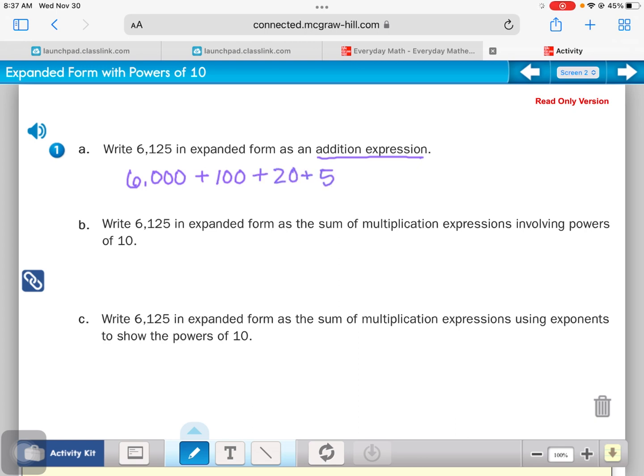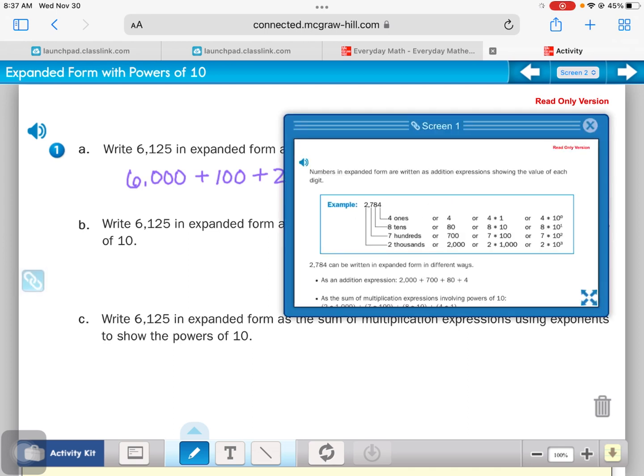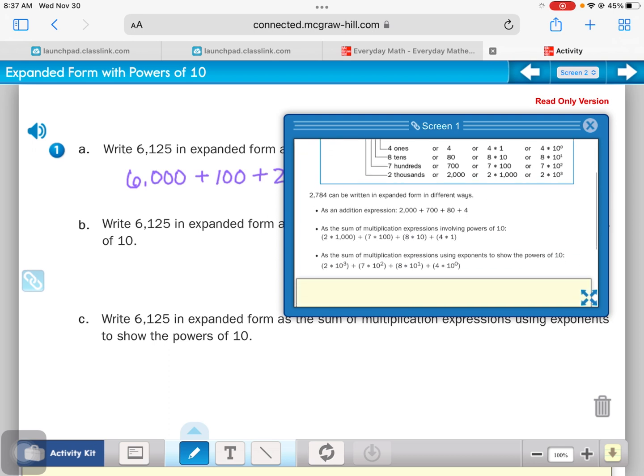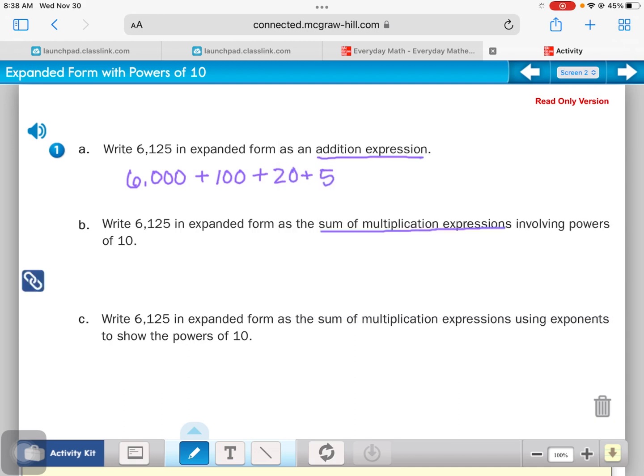Easy peasy. Then it says write 6,125 in expanded form as the sum of multiplication expressions involving powers of 10. So that's going to be that second example that we looked at, as the sum of multiplication expressions involving powers of 10. It says 2 times 1,000, 7 times 100, 8 times 10, 4 times 1. So same thing.